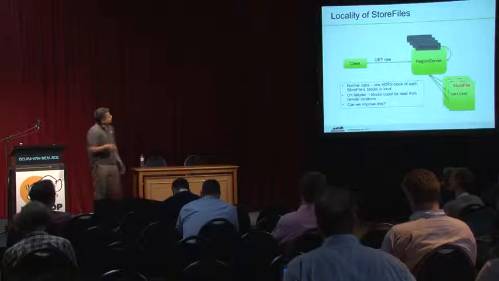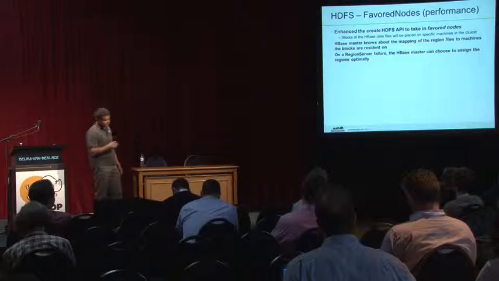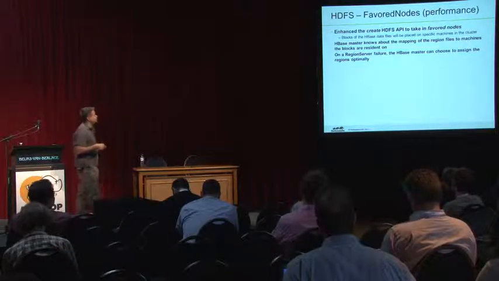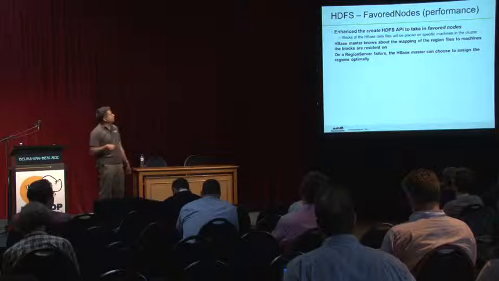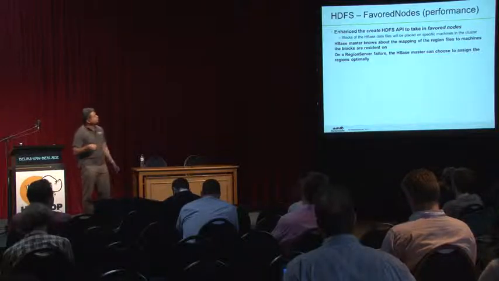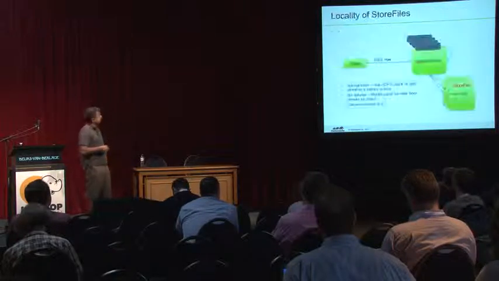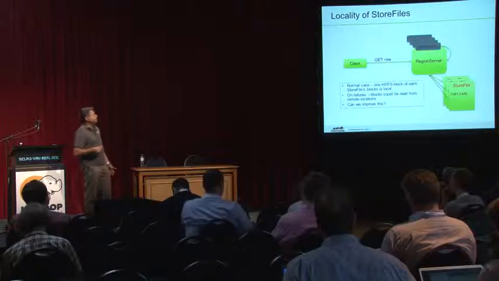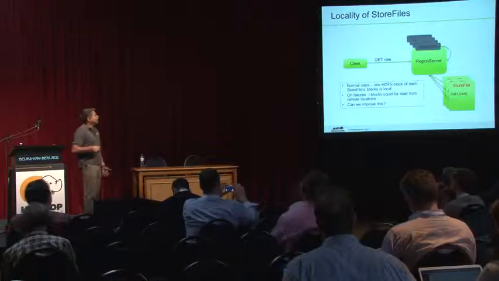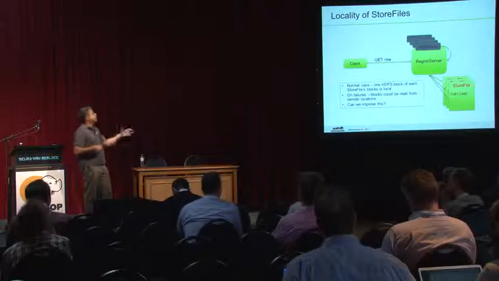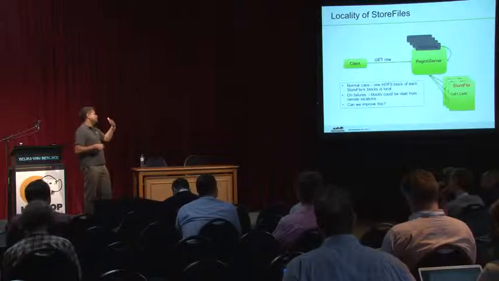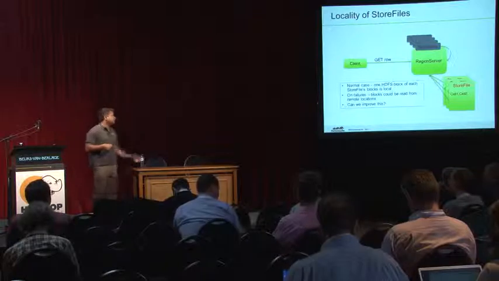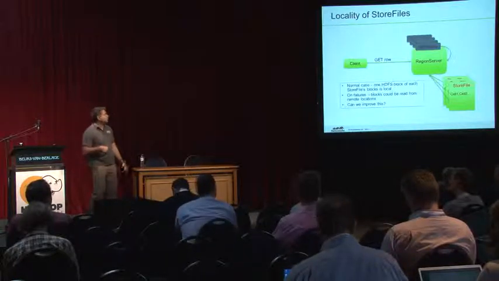Okay, so can we improve this? It seems like we could improve this by using something called favored nodes in HDFS. So we enhanced the create API in HDFS to take in favored nodes as an argument. So all the region files that are created by this region server are created on 3 specific nodes. One is the local node, and 2 other nodes are chosen in the cluster based on how HDFS would choose the replicas, keeping in mind the failure zones and all that, right?